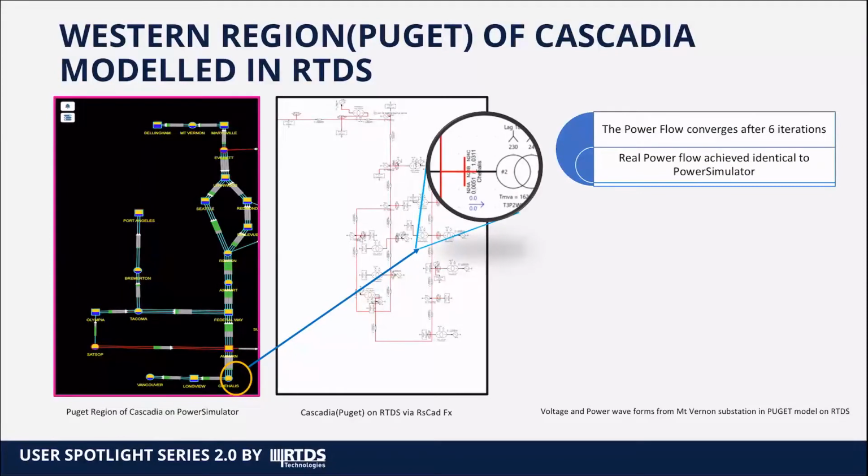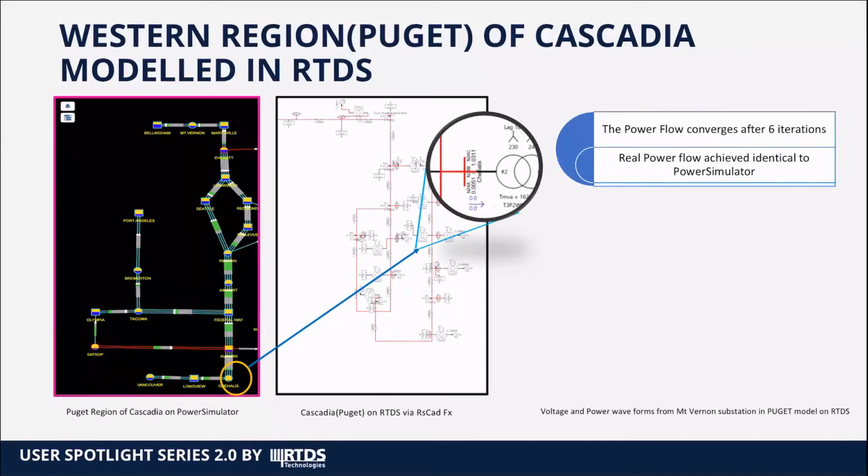So in RTDS, we have modeled the western region of Cascadia. Each transmission substation is modeled as a bus for simplicity, and the transmission lines are essentially modeled as R and L components.